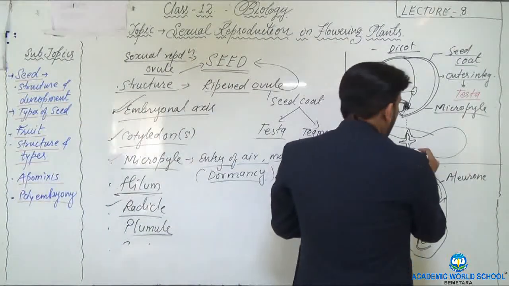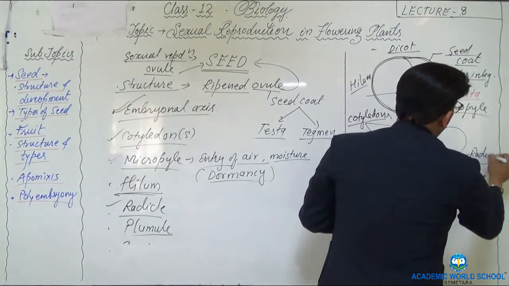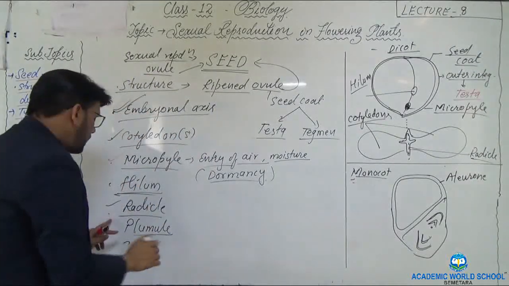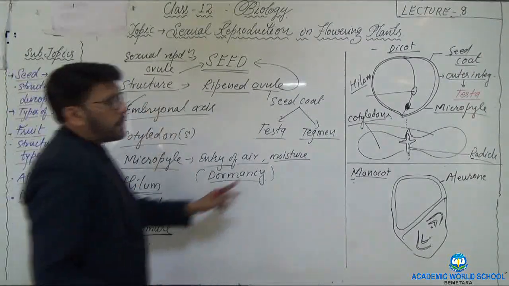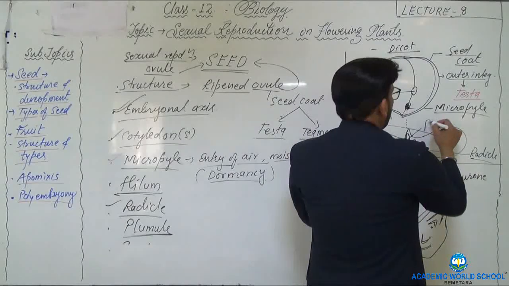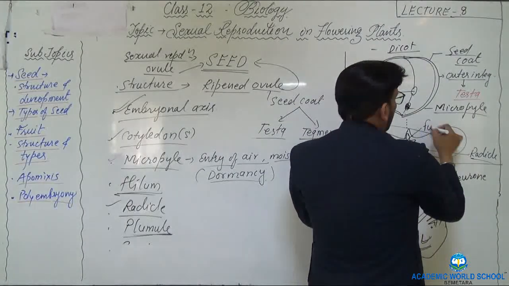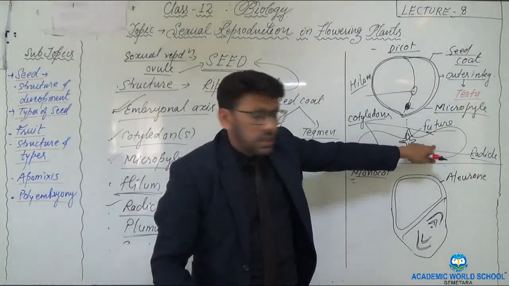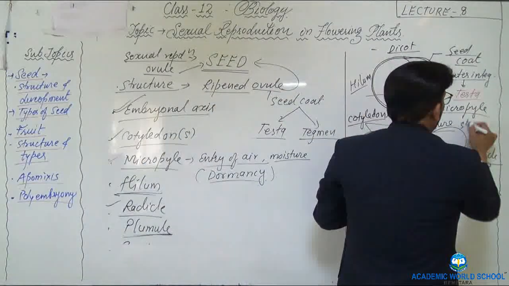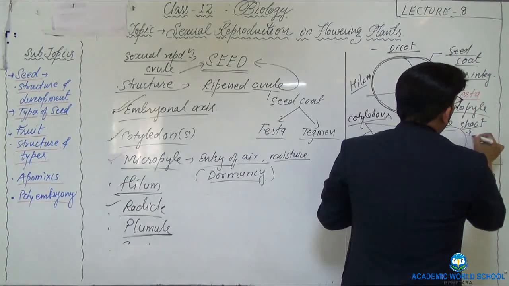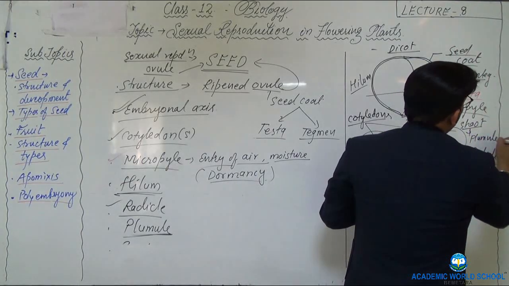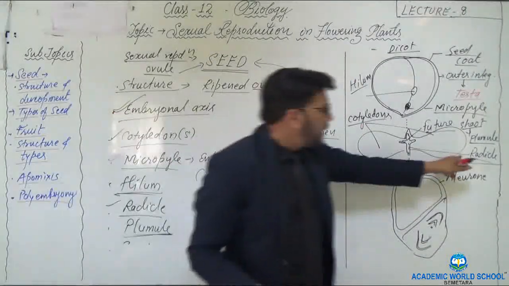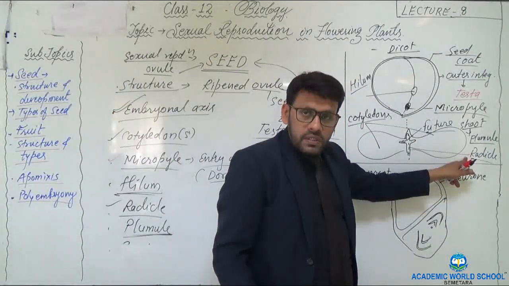You can see here, this is the radicle which forms the future root, and this is the plumule, which forms the future shoot. Can you see that? So this plumule forms the shoot system and the radicle forms the root system.